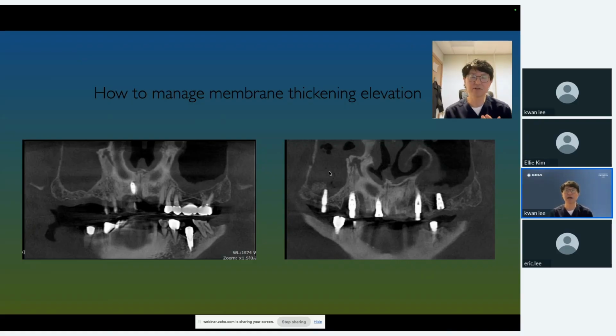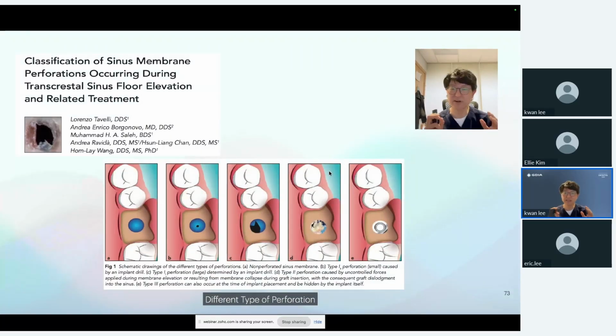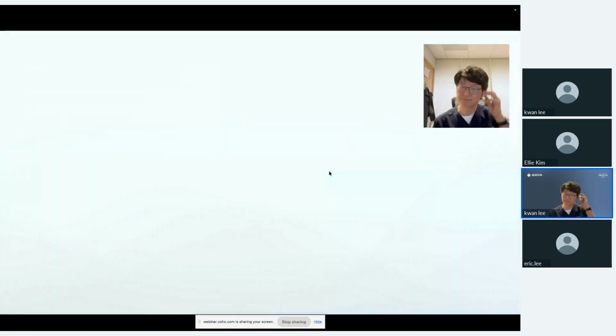So we can go over how to manage the membrane thickening case for the crestal sinus. We're also going to cover some key studies on the crestal sinus approach. The article shows when and where the perforations are happening, so we can prepare you. This is the part of the crestal sinus augmentation where you get the most perforations, so I can prepare you how to manage it and avoid those kinds of problems.